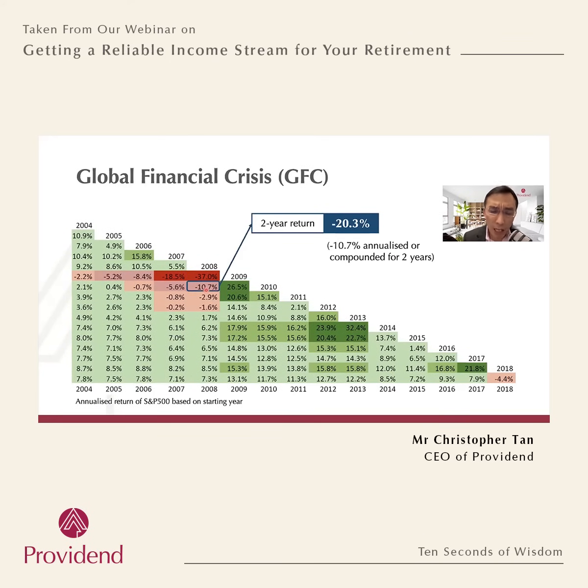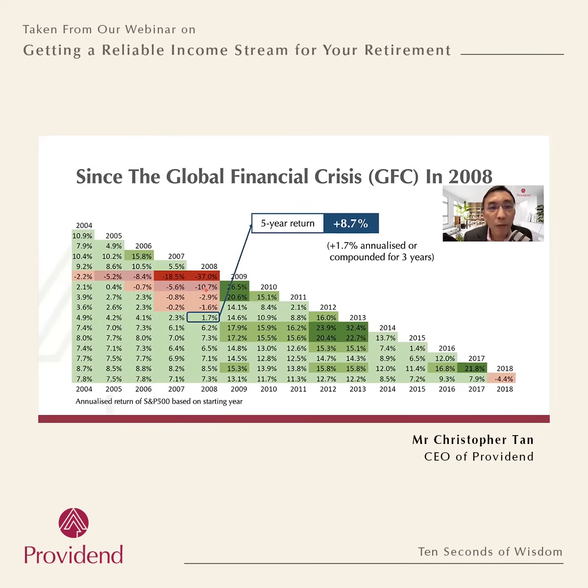But if you stayed invested, 2 years later, your return would have been 10.7% negative per year. And if you stayed invested, you see the market's recovering. It is now negative 2.9% per year. And by the 5th year, you would have recovered all your losses and it is now 1.7% per year. And you will see the rest of the years from year 6 onwards, well, it has gone back to normal.